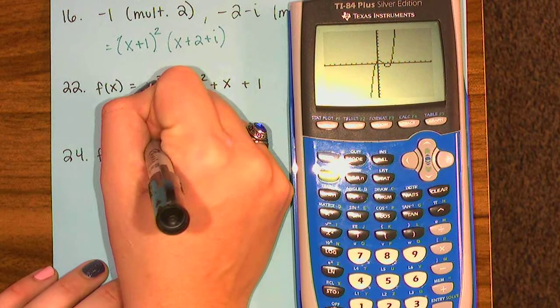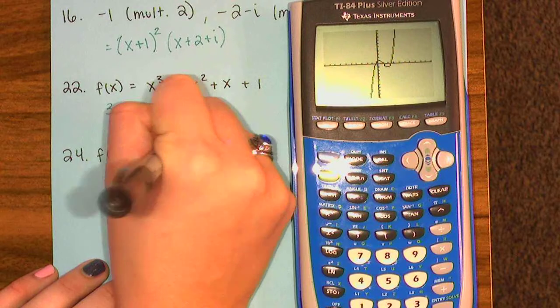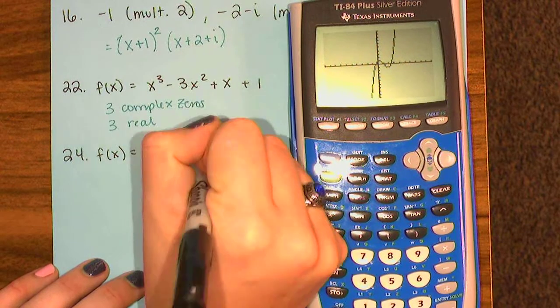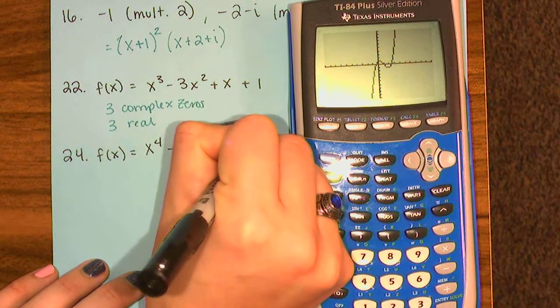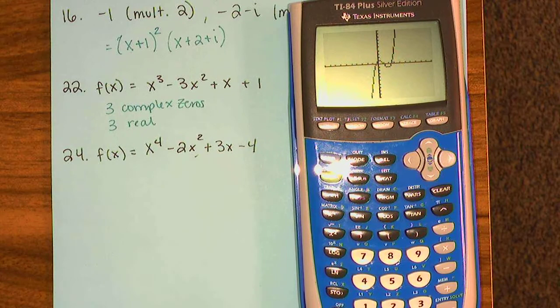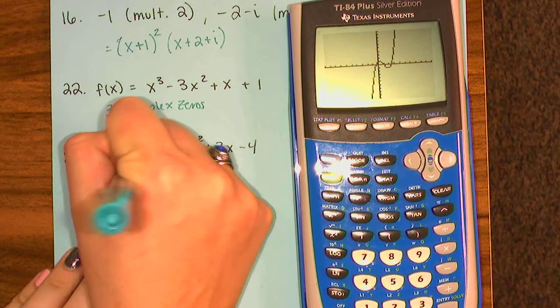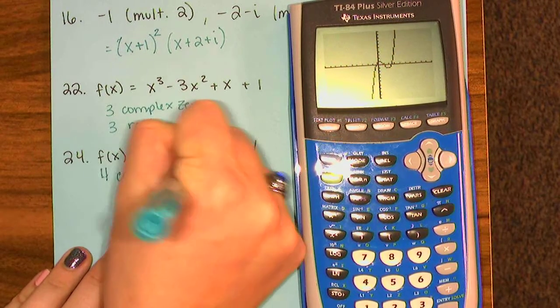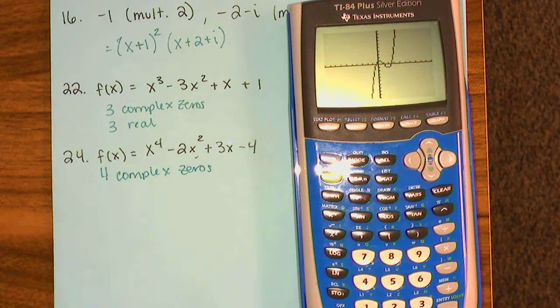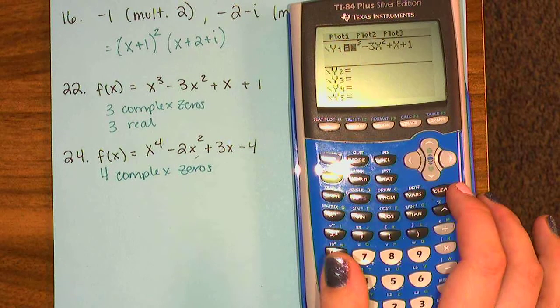But x to the 4th minus 2x squared plus 3x minus 4. So how many complex zeros do we have? Okay, 4 complex zeros. So then go type the equation in your calculator.